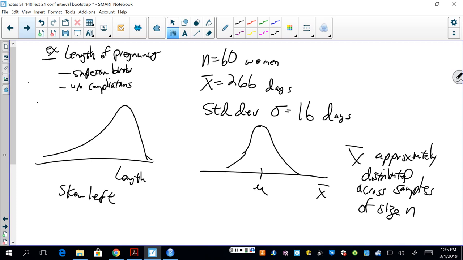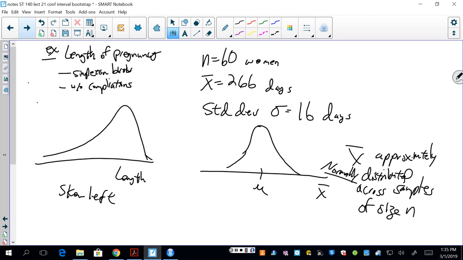So this says that X bar is approximately normally distributed. I forgot to write normal. Let's put that in there: approximately normally distributed across samples of a certain size.